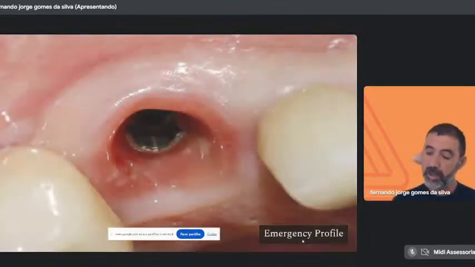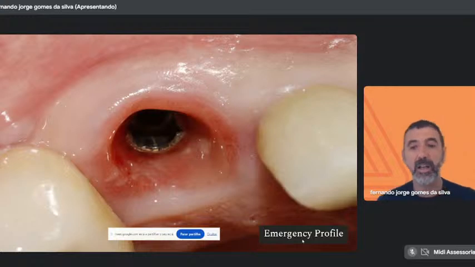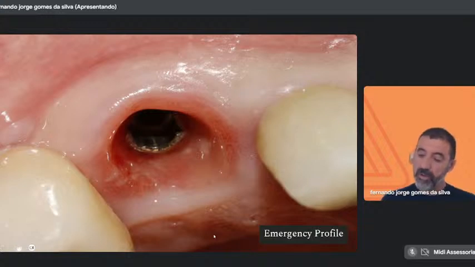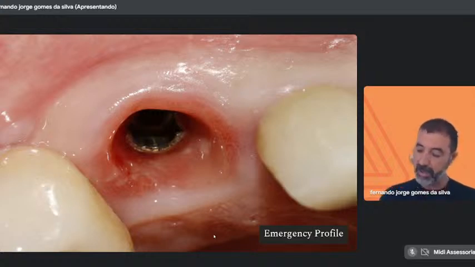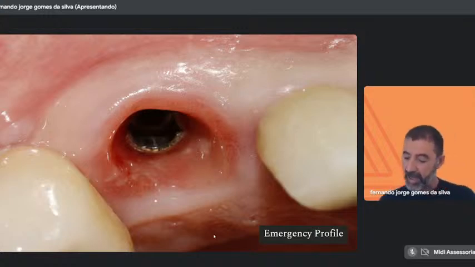And today I will introduce you how to achieve this kind of emergence profile. The profile that is the main barrier for our implants, preventing bacterial plaque retention, contaminations, and aesthetically as natural as possible, replacing the natural teeth in anterior regions with high aesthetic levels.